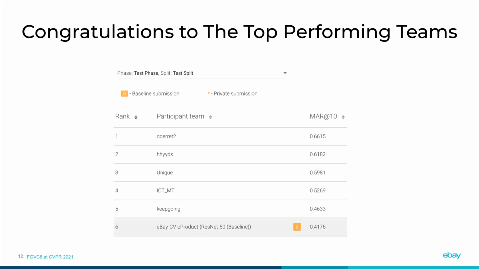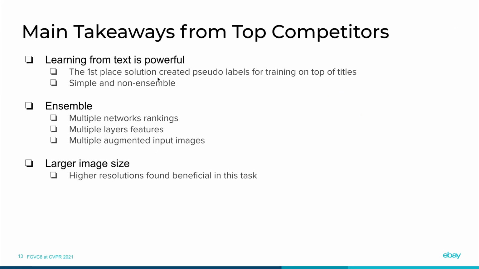Here we extend our congratulations to the top performing teams, which have made impressive progress on the leaderboard in the last 2 months. We share the main takeaways from the top teams after we reviewed their solutions. For example, the first place method is based on a single model, which looks pretty simple but is very effective.